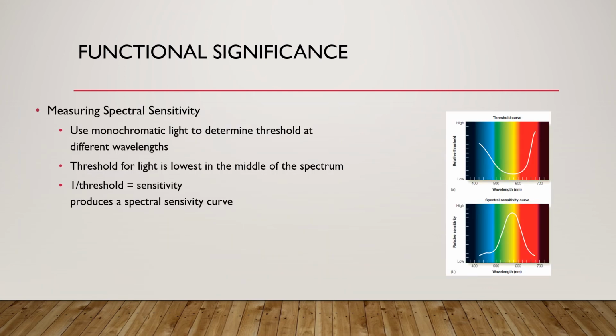And how do we measure spectral sensitivity? Well, we use what's called a monochromatic light. Monochromats, the people, have one chroma, one ability for a particular kind of wavelength, so they're usually only using their rods. But a monochromatic light means one color of light.